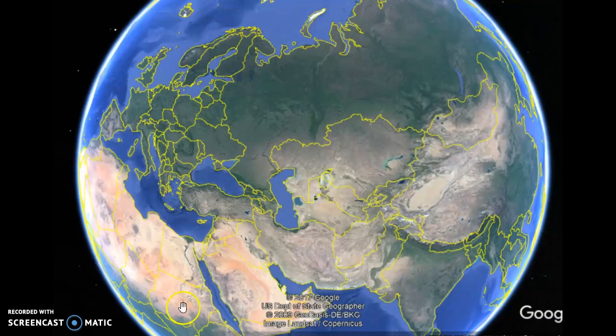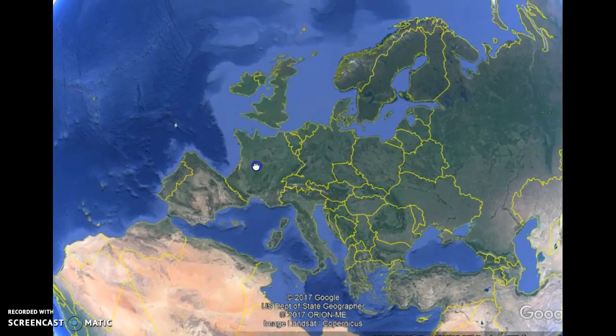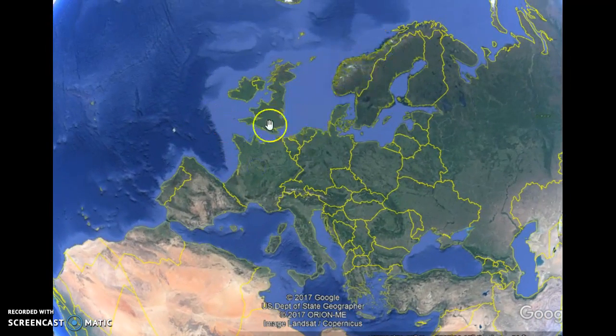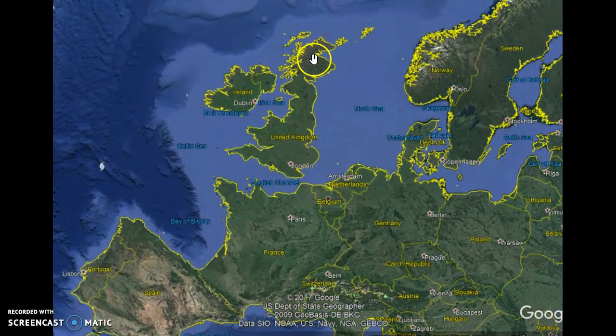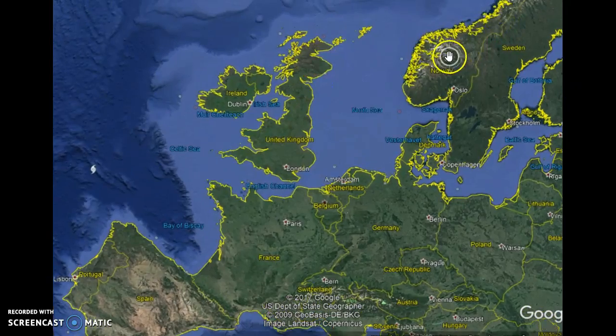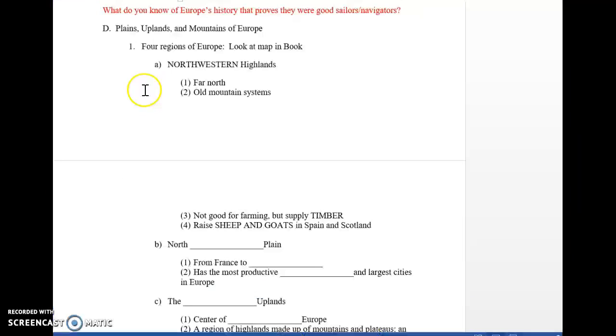So the Northwestern Highlands, that area primarily is through here. And you see that there are some higher elevations in through here. You can see the snow caps on these mountains in Norway, mountains here, mountains here. So this area, the Northwestern Highlands, is literally the northwest portion of Europe.